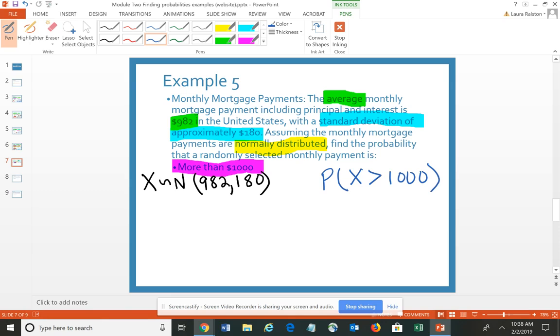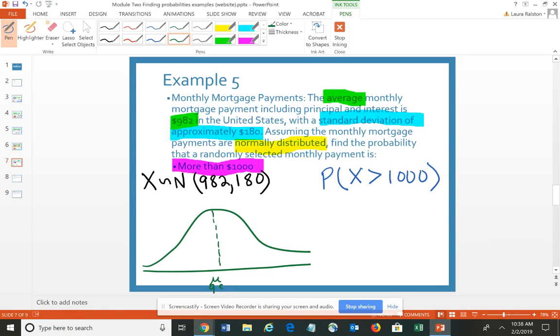Draw your picture. Horizontal number line, bell-shaped distribution. The mean is in the middle, which we're told is 982. $1,000 would be more than that, so we're going to be somewhere to the right, and we want to be more than that.